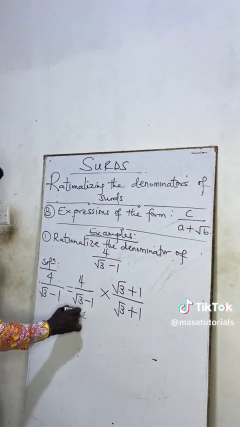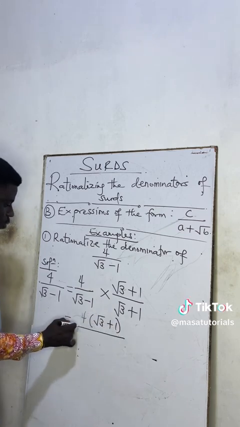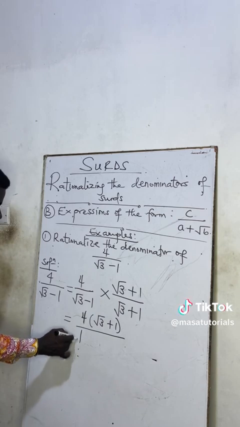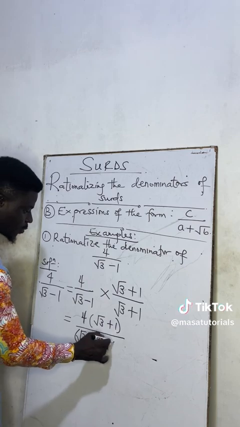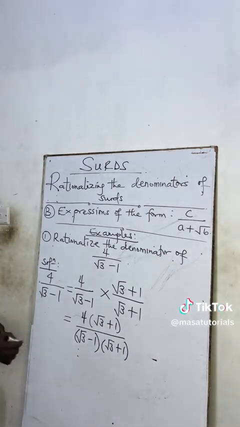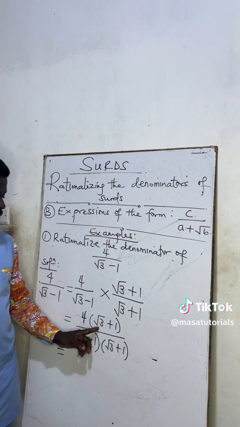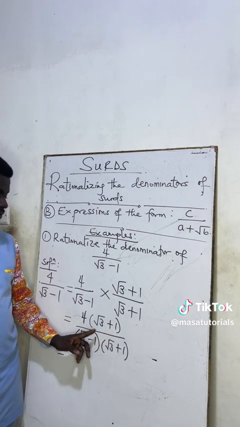So you find 4 times square root of 3 plus 1 all over square root of 3 minus 1 times square root of 3 plus 1. So this is what we have. Now 4 is multiplying everything inside the bracket, so we use the distributive property.